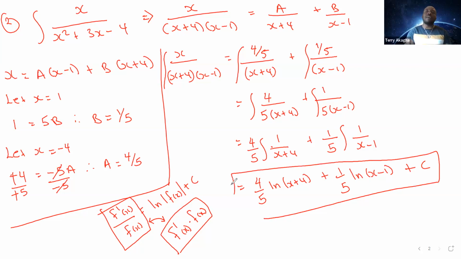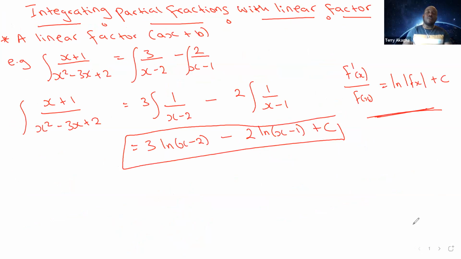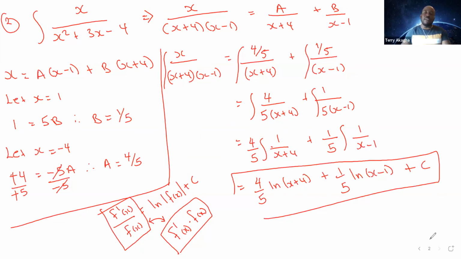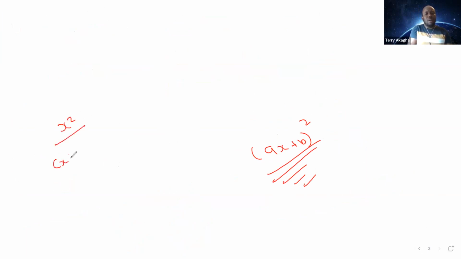Please ensure that you go back and have a look. So this is for linear factors. In the next video, I'll be talking about how to integrate the (ax plus b) squared factor. A classical example could be something like x squared over (x plus 1)(x minus 1) squared.